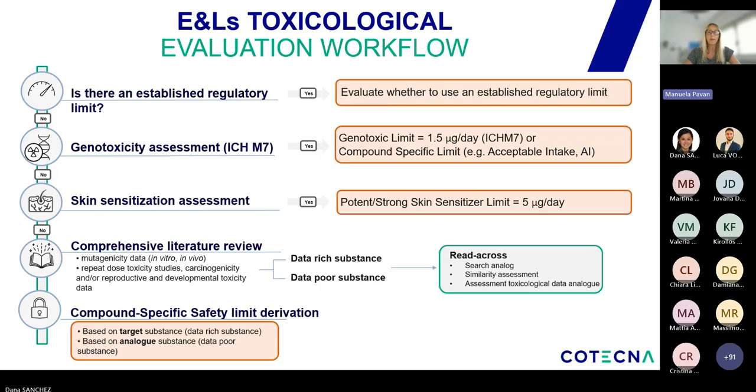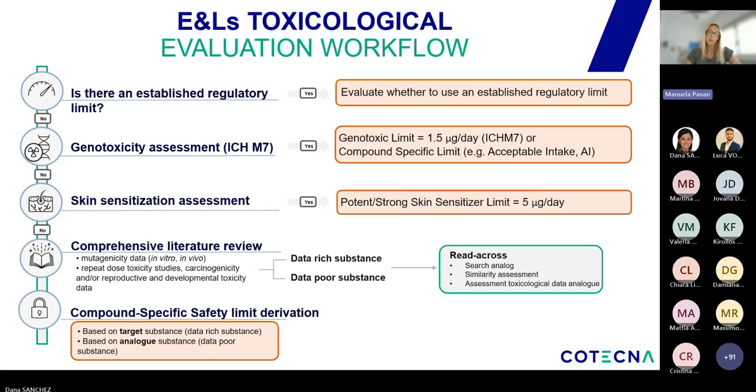In both cases, a compound-specific safety limit, for example, a permitted daily exposure, can be derived. But for data-rich substances, this is done directly from the toxicological data of the compound itself. While in the case of data-poor substances, the limit is derived based on data from a suitable analog, meaning a similar compound, using the read-across approach. And I will get back to this in the next slide.